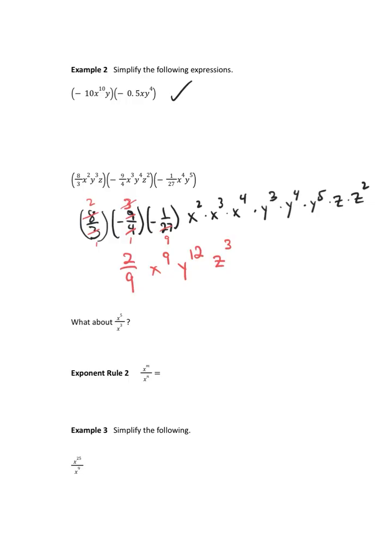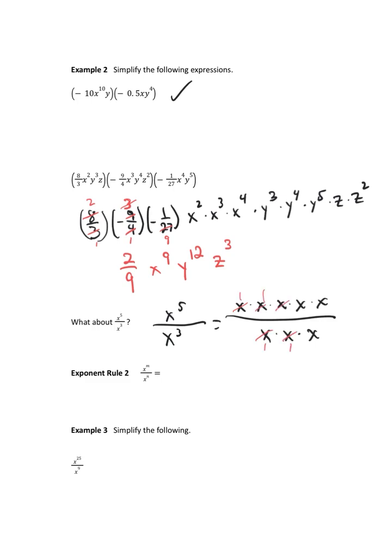What if I had division? Instead of multiplying them, think about it like this. If I had x to the 5th over x cubed, well, that would be 5 factors of x over 3 factors of x. And look at that, the x over x, those would cancel.